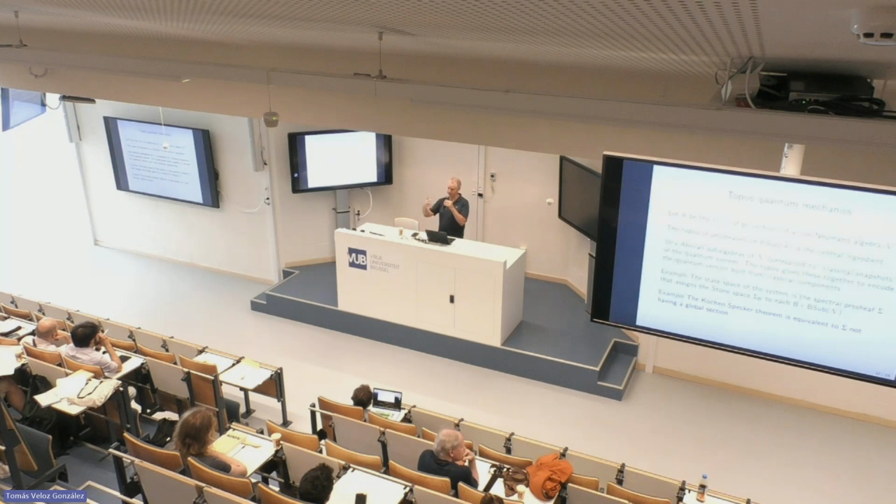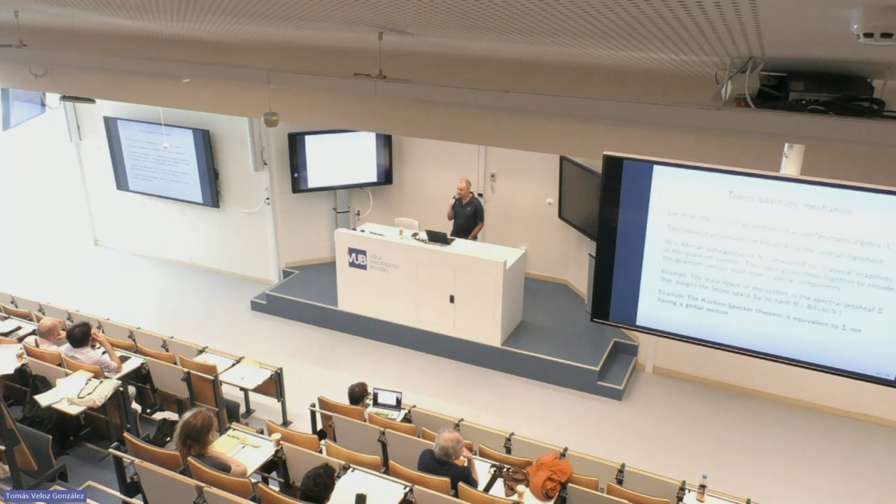What a topos does is glue together little pictures of things. And so by gluing together these classical snapshots of a quantum system, the topos gives you the complete view of quantum mechanics.